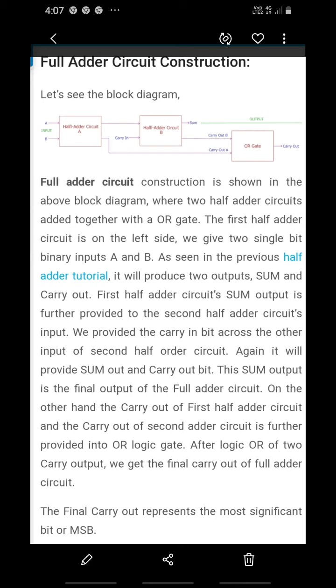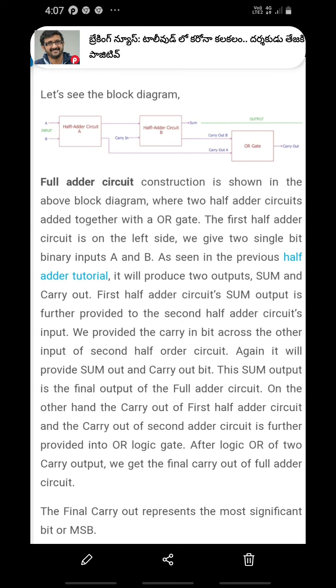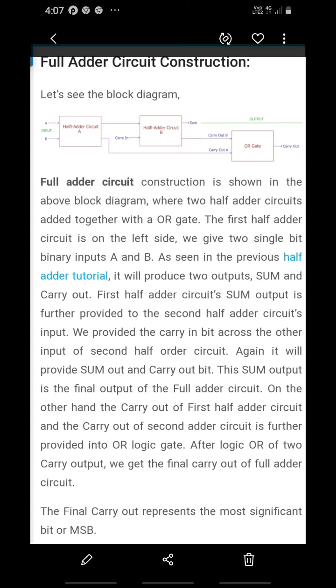So, the full adder circuit construction. A full adder circuit construction is shown in the above block diagram, where two half adder circuits are added together with an OR gate.